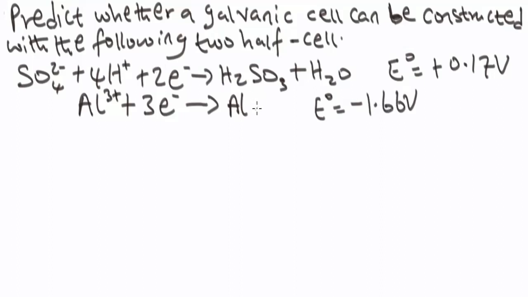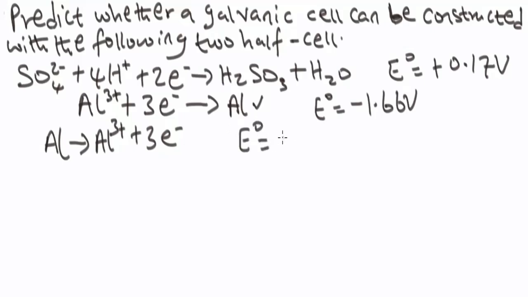So we're going to reverse this half cell. If we reverse it, aluminium will decompose to give aluminium ion plus 3 electrons. The sign of the electric potential will change to plus 1.66 volts.